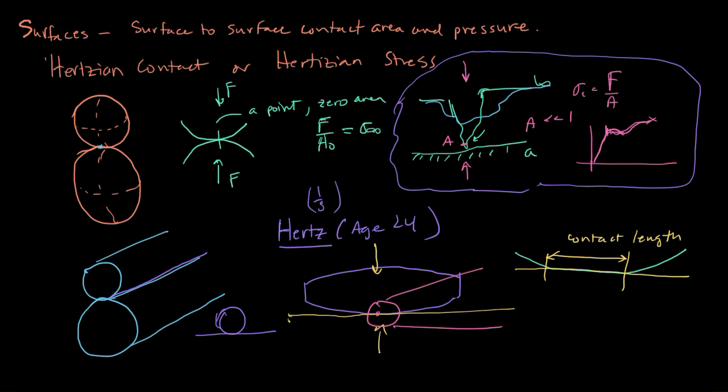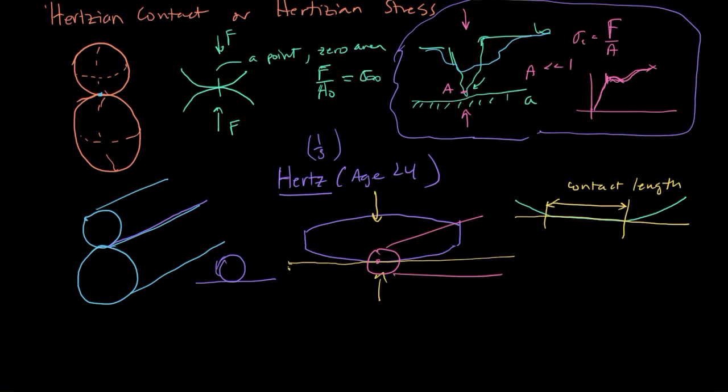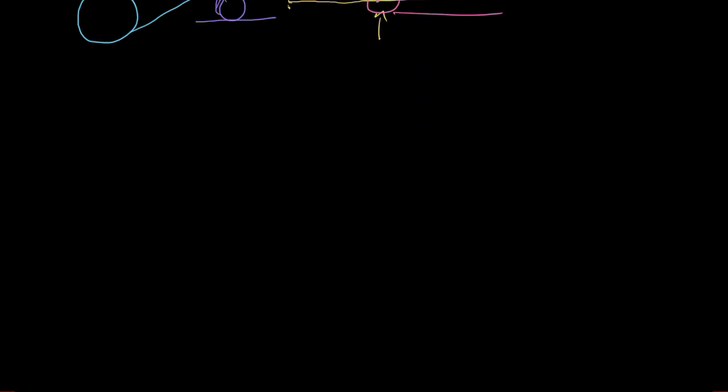There's a lot of work that's been done on this. What we're going to talk about here is a basic understanding, which will be sufficient for us to understand some of the design features, but just know that there's a lot more information out there than what we're going to describe in this section.